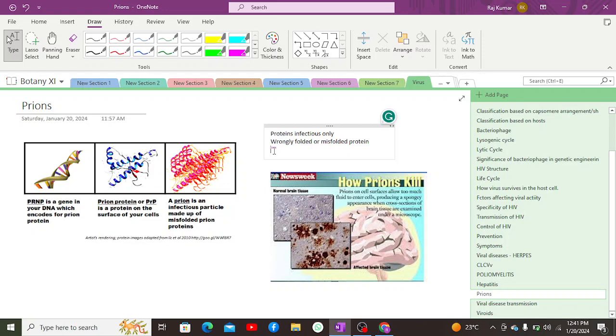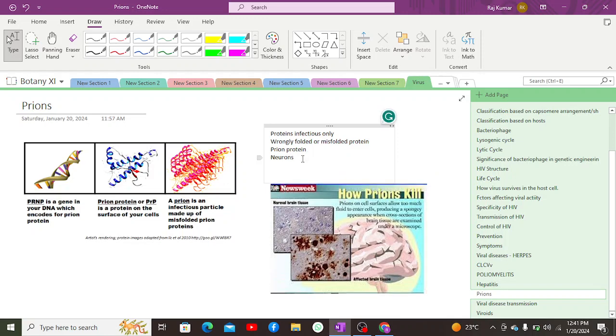We are going to discuss that, but a key point here is that prions cause infection in animals. The prion protein, or PrP, is a protein present on the surface of our neurons, and it is abundantly found in neurons.